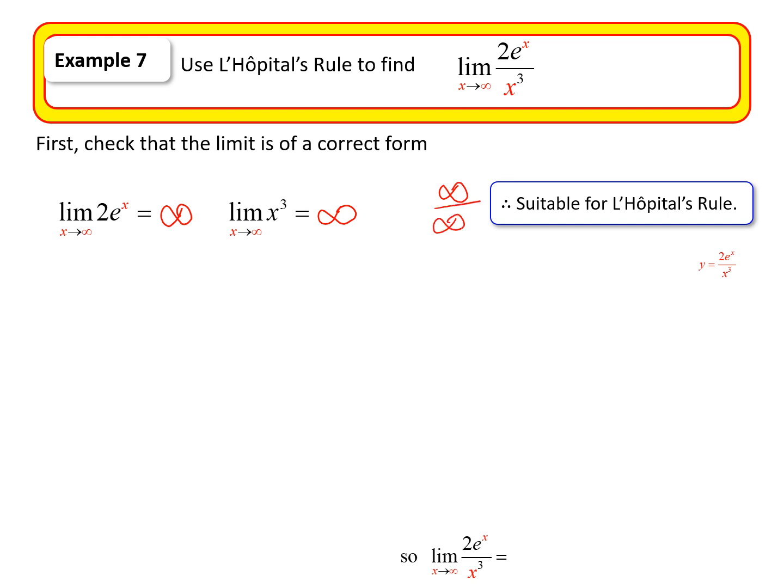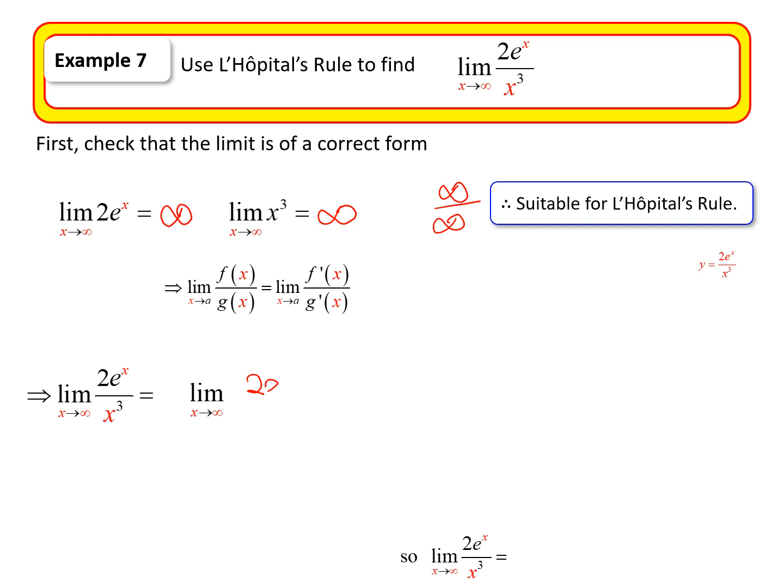Right, so we need to differentiate, because L'Hopital said the limit of that is the same as the limit of the derivatives of both functions. If we differentiate the top, we still get 2e to the x. If we differentiate the bottom, we get 3x squared.